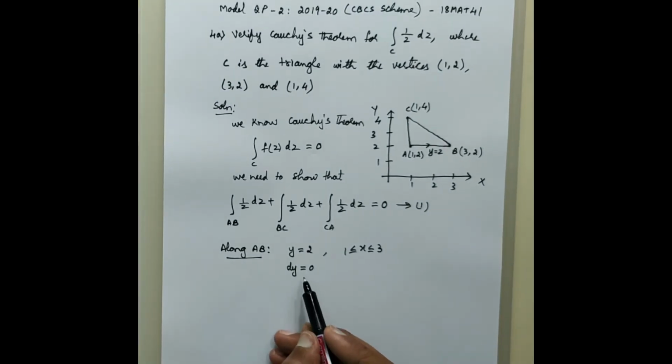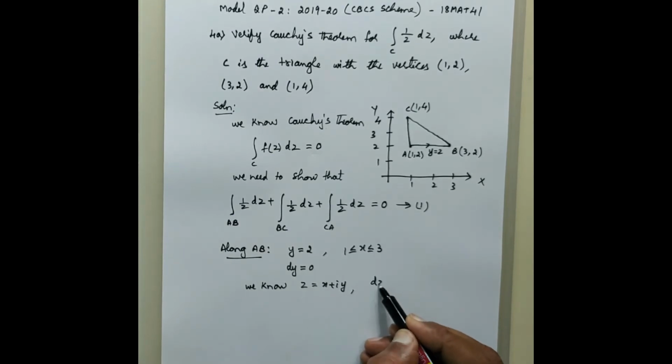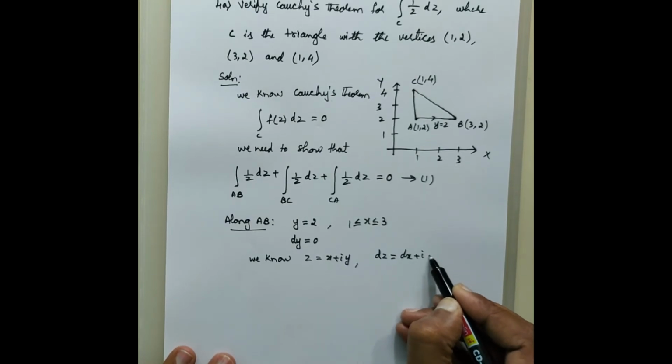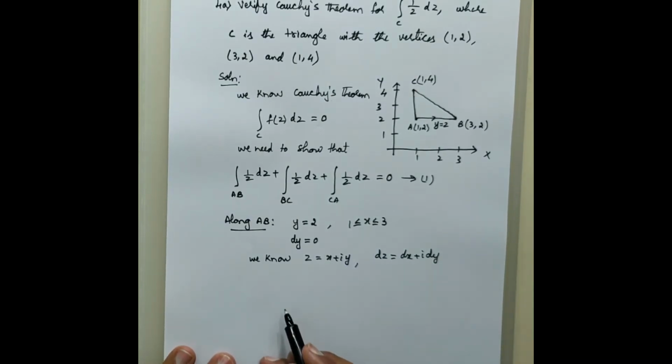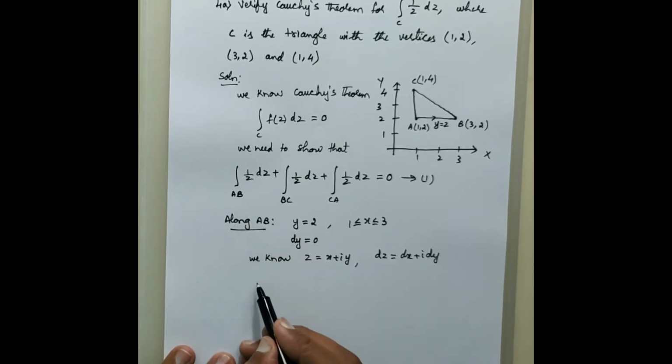So 1 by z is the function, therefore we need the value of z. So z is x plus iy, and dz is nothing but dx plus i times dy. Now z is x plus iy, but we want 1 by z, therefore rewrite that as 1 by x plus iy.